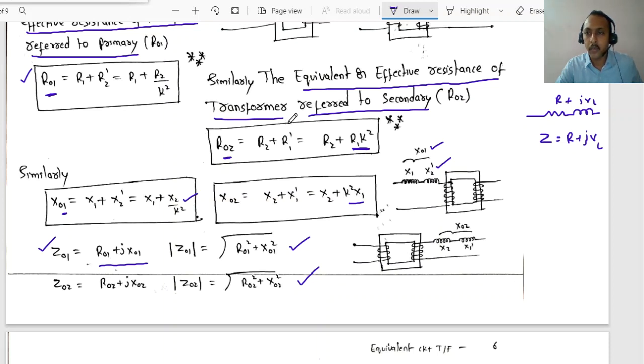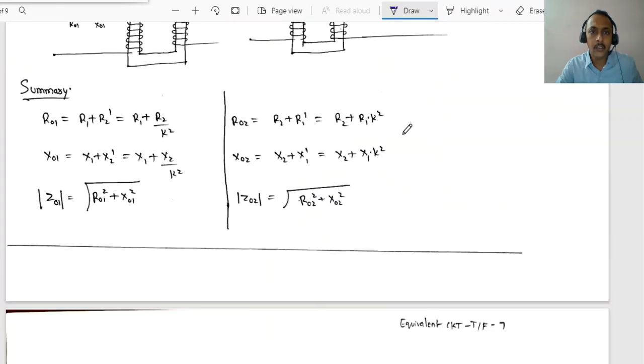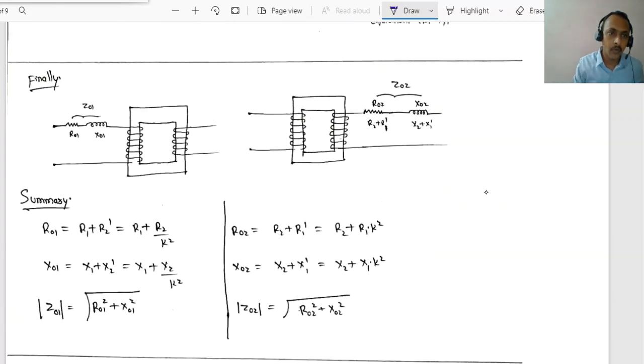If you are familiar with the terminology, you won't feel it is difficult. Finally, the impedance is also transferred. These are the diagrams, equivalent R01 plus X01. This R02 is nothing but R2, secondary side resistance, plus primary side resistance transferred to secondary, R1 dash. Together we call it R02. R02 plus X02 we call Z02. Very simple.